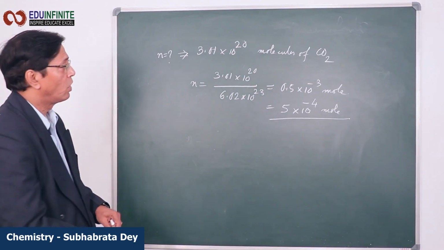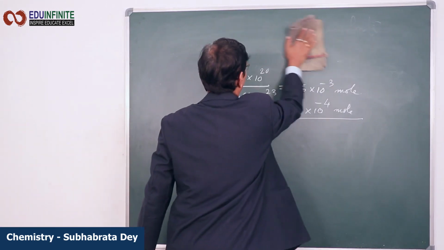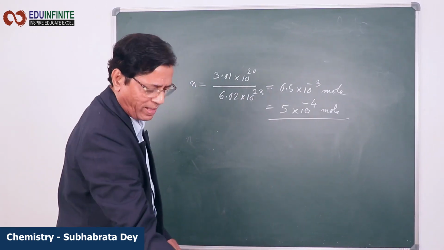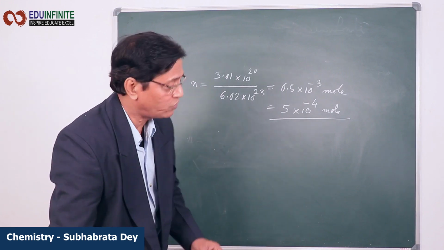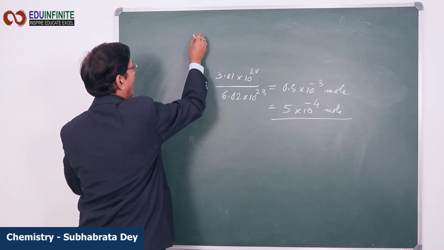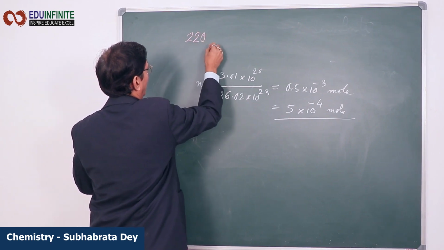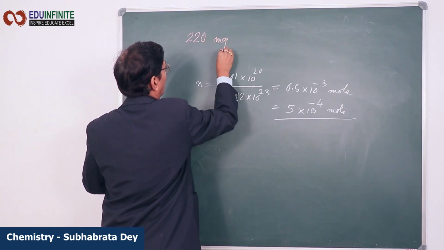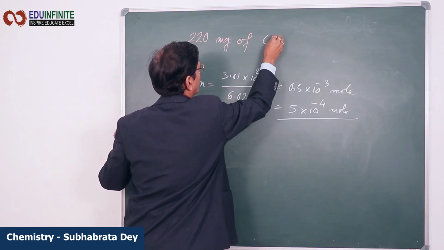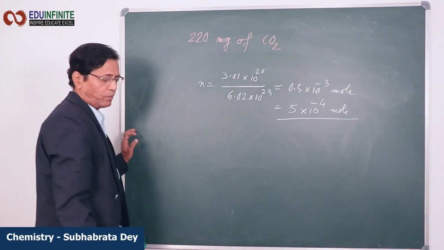Second case, when the mass of a gas is given. Suppose, calculate the number of moles present in 220 milligram of CO2 gas.